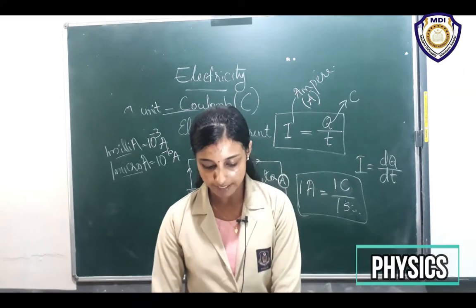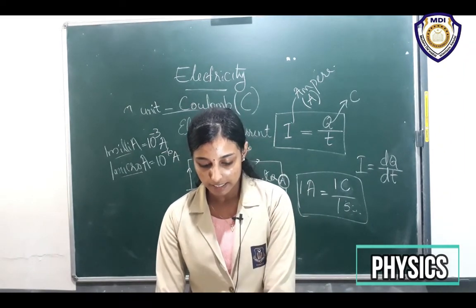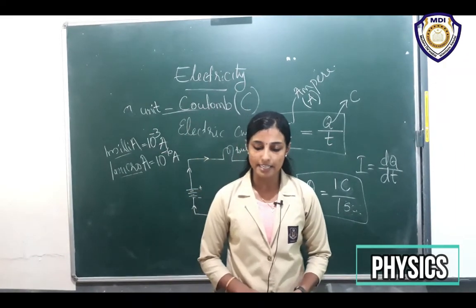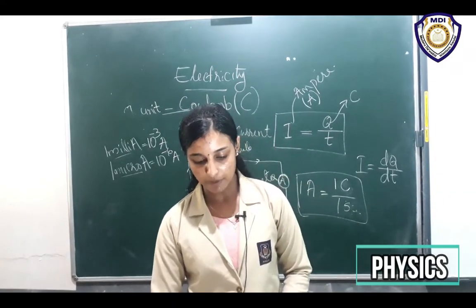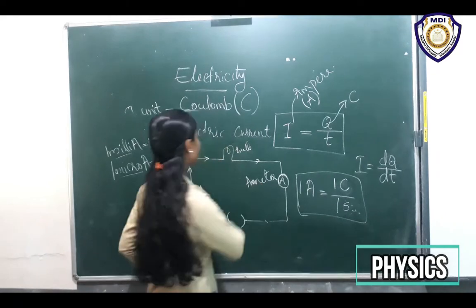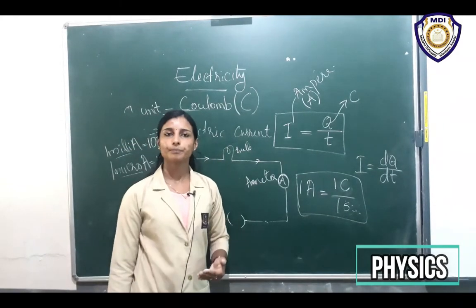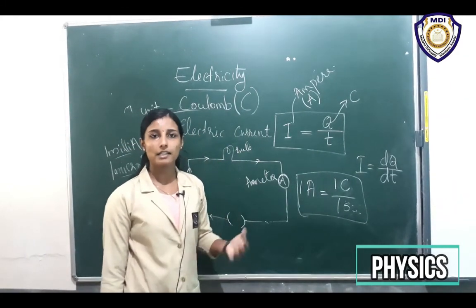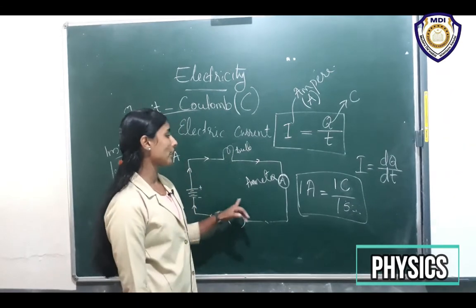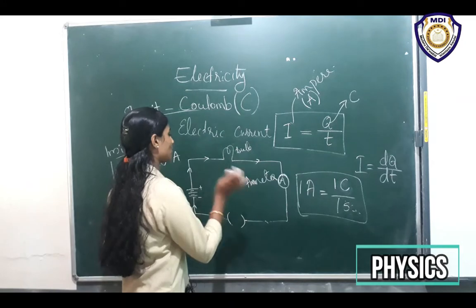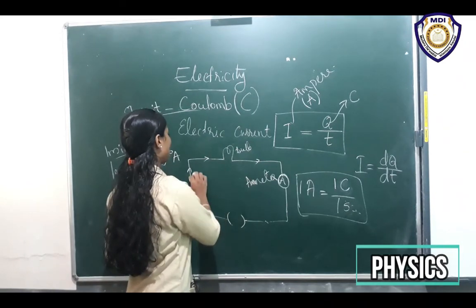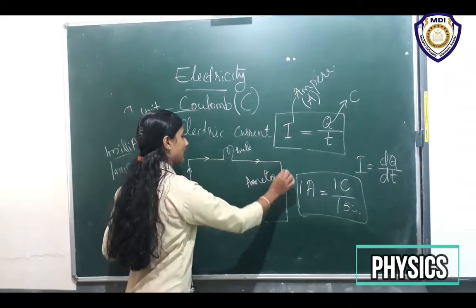It is always connected in series in a circuit through which the current is to be measured, right? In the coming classes you will study what is series connection and parallel connection. For now, you just understand what a series is, right?